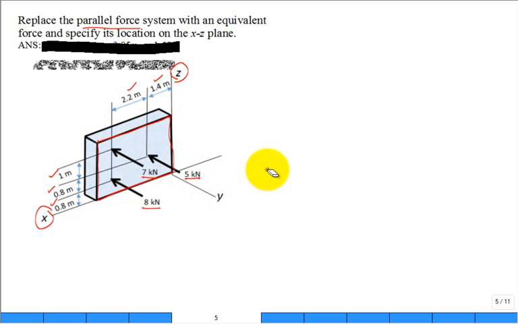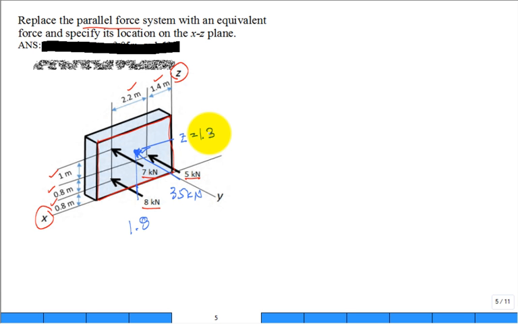Now, what are they asking? We want to replace that three-force system with a single force and then specify its location on the XZ plane. Maybe we say, let's put the single force right here, in that same direction. And maybe its magnitude is 35 kilonewtons, located at an X of 1.8 and a Z of 1.3.